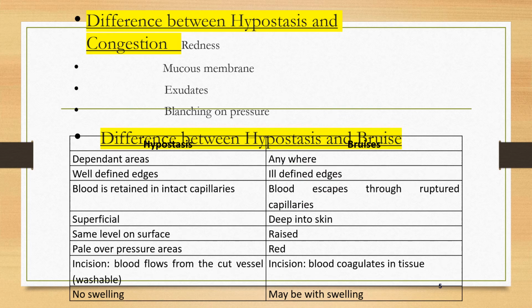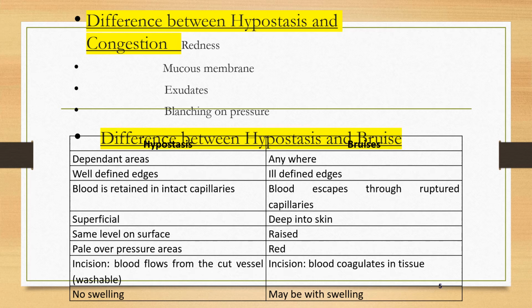So how do you differentiate between hypostasis and congestion? As you all know, hypostasis is because of accumulation, because of stagnation, and congestion is because of the mechanism which occurs in shock or asphyxia or such conditions where the blood supply is stopped. So in that area congestion develops. We need to differentiate between these two.